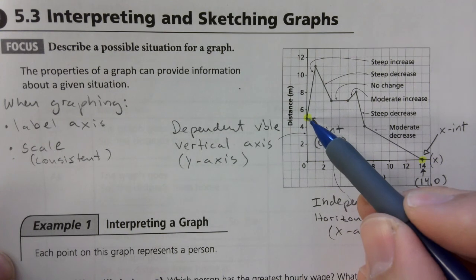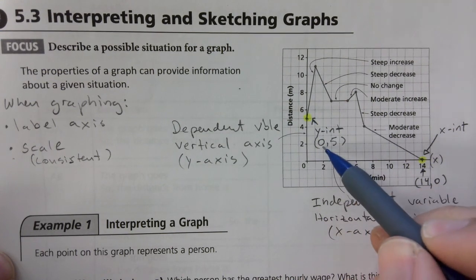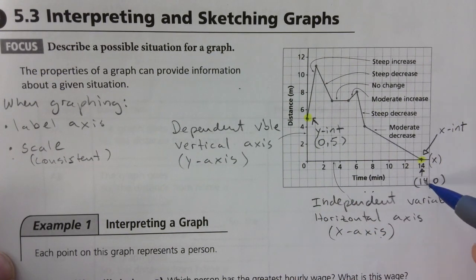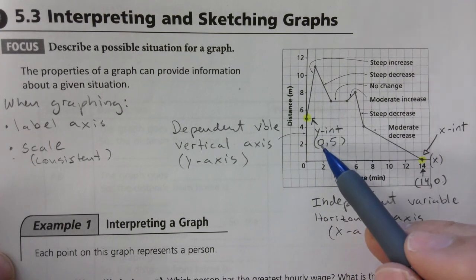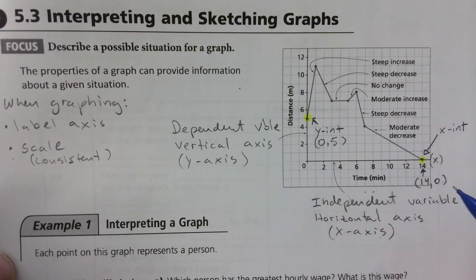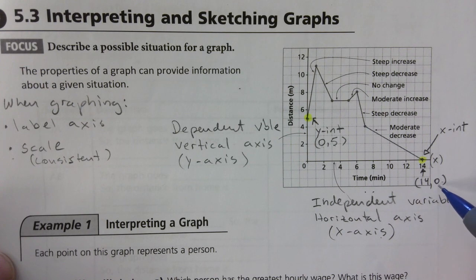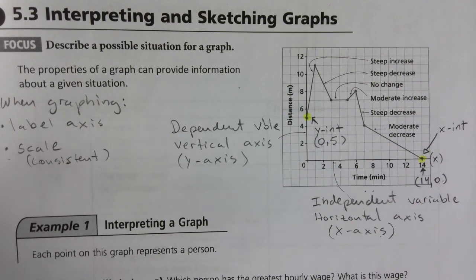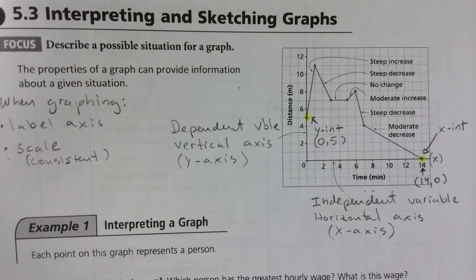Just by looking at this graph, this is 5 right here. So it's 0, 5, and 14, 0. And you notice that the zeros are always there. Here, x is equal to 0, and over here, the y is equal to 0. Okay, so those are very important to us here. They will mean something.